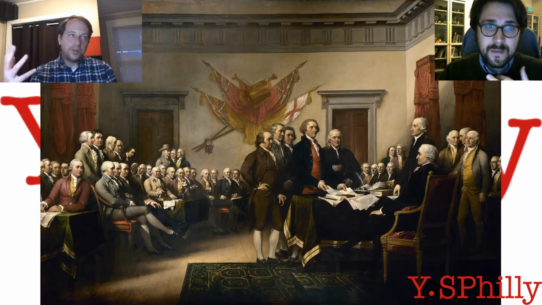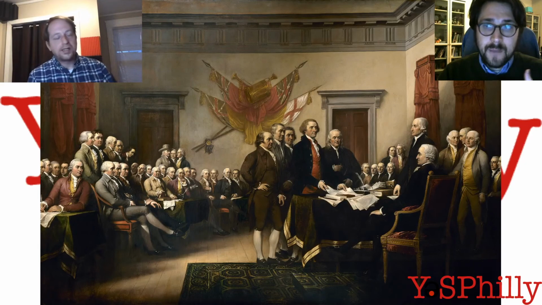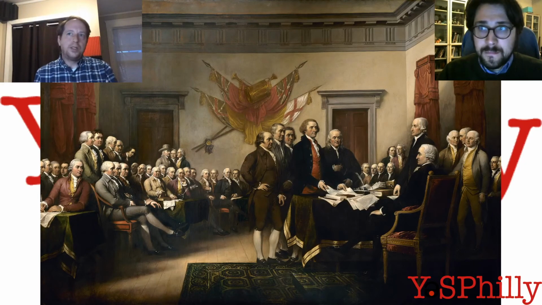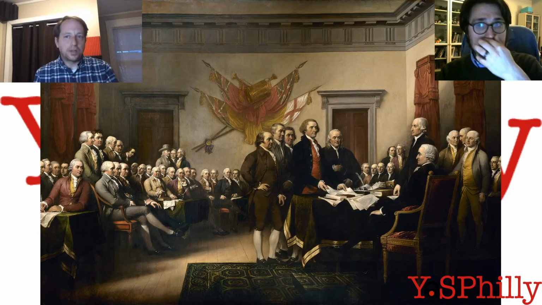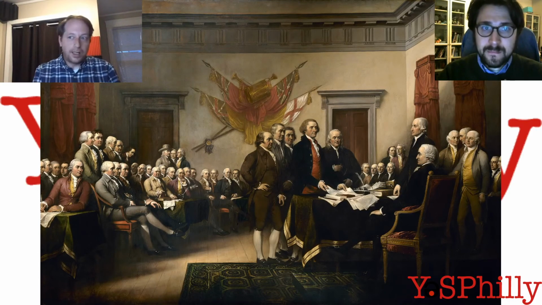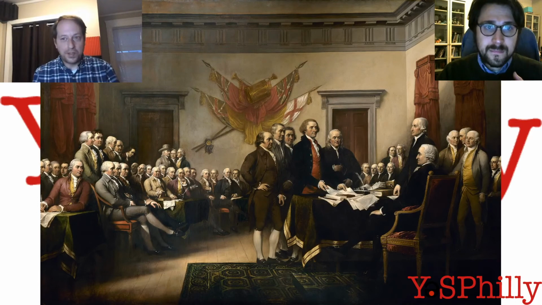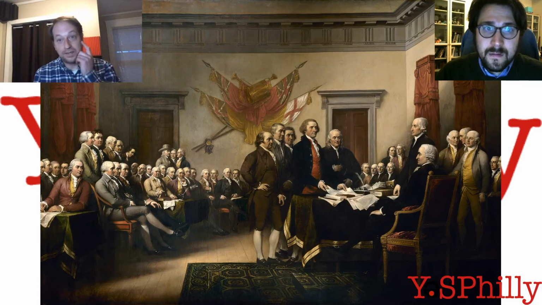And we see that all through into the 20th century. We see civil rights leaders in the 1950s and 1960s quoting the Declaration. Even the Communist Party of the United States quoted the Declaration in its propaganda and promotional materials in the 1930s and 1940s.